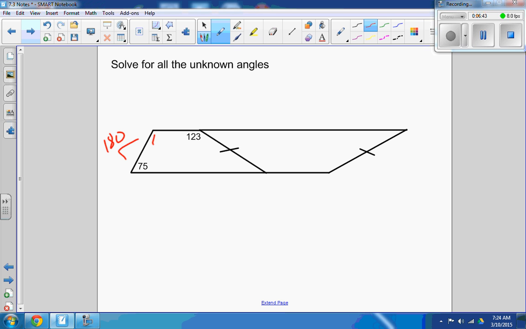So we know this angle is 105. These also add up to 180, so we know it's 57. Oh, look, we've got a linear pair here. So it's got to be 123. On an isosceles trapezoid, we know base angles are congruent. So that's got to be 57. It's also got to be 57. And there we go. We solved for all of the unknown angles.